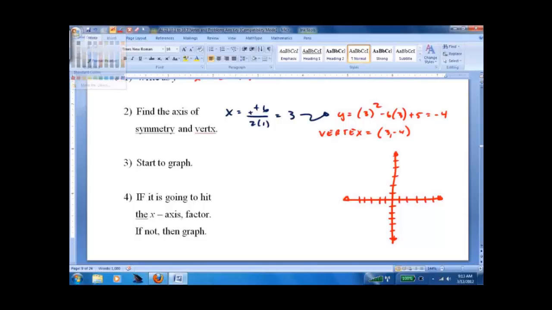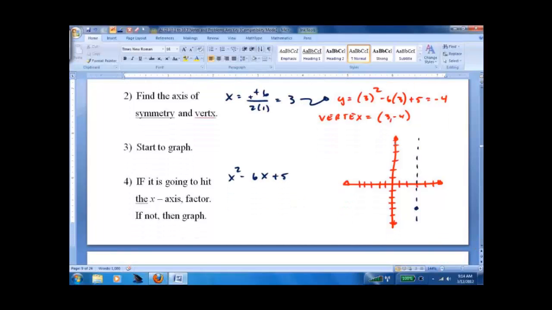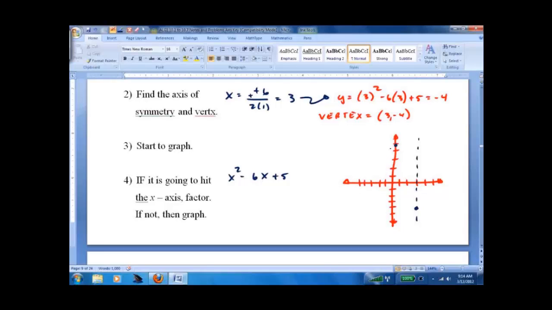Axis of symmetry, 3. Vertex, negative 4. My equation is x squared minus 6x plus 5. Just going to hit at 5 all the way up here. And now the question is, where does it hit? On the x-axis.